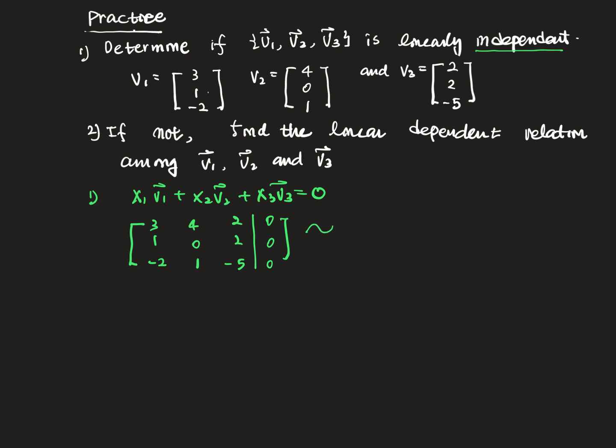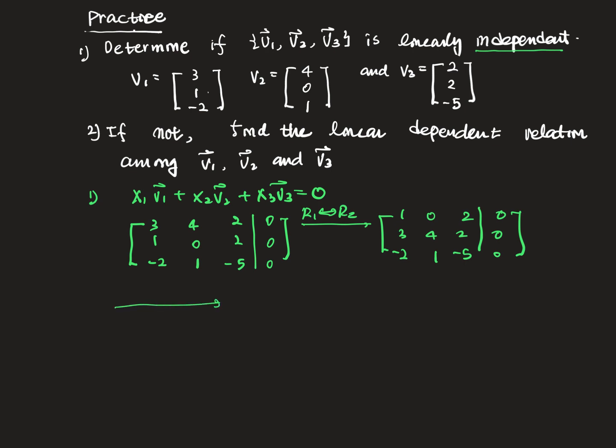So guys, you're going to do row operations. I assume you already did it. I'm going to switch the first and second rows. R1, R2 interchange. You get 1, 0, 2, 0, 3, 4, 2, 0, negative 2, 1, negative 5.